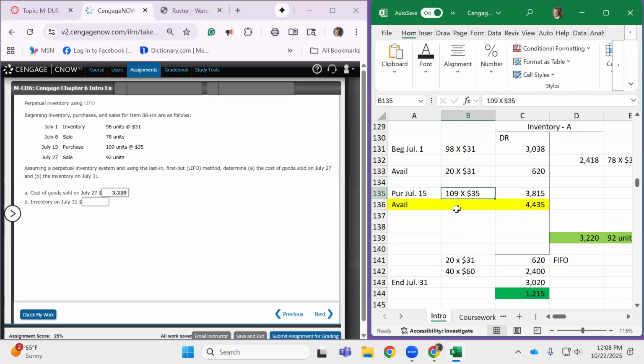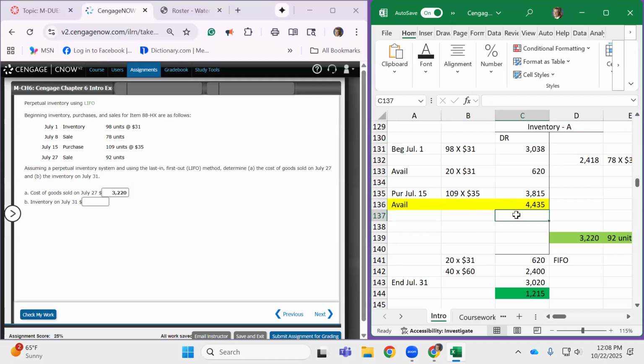So we had 109. After we sold 92, how many do we have? 109 minus 92. Okay, let me do this again just to be able to check. 109 minus 92 is 17 remain. 17 remain at a cost of 35.